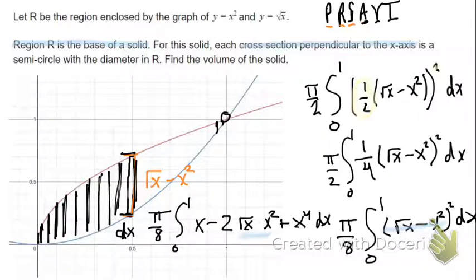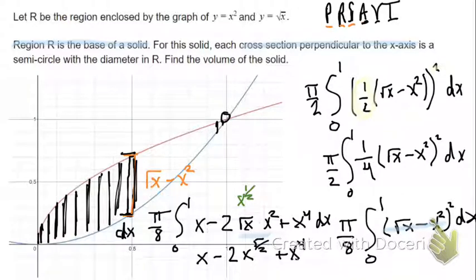But if I think about another way to write root of x, I could really see that that's x to the 1/2, which is kind of nice. And then I could use my exponent rules, and I could say that that's going to be x minus 2 x to the 5 halves plus x to the 4th, dx, right?